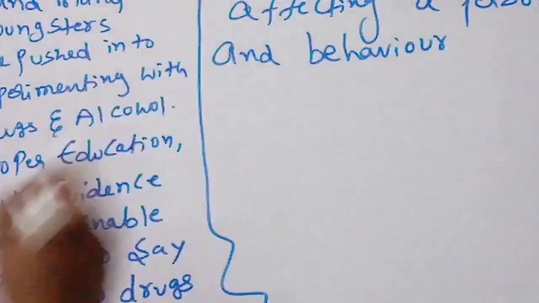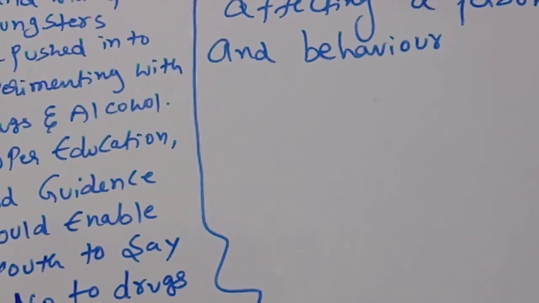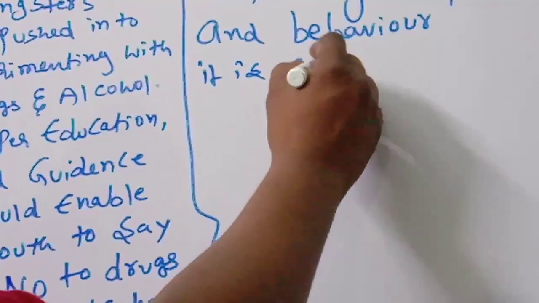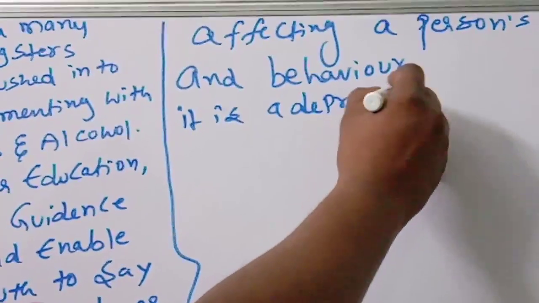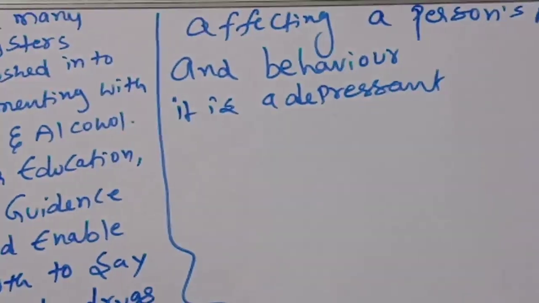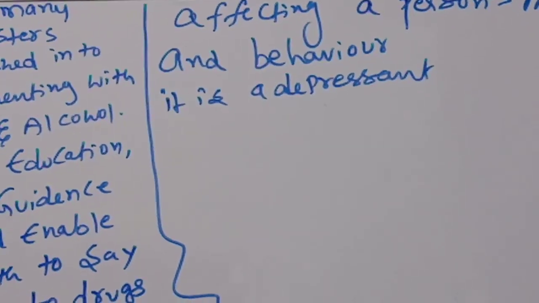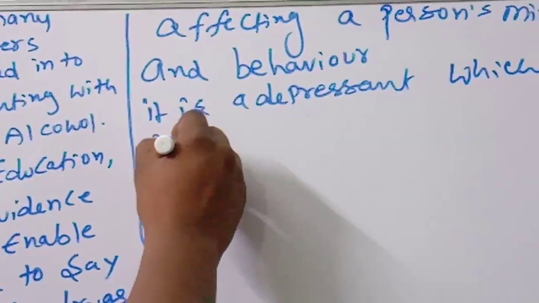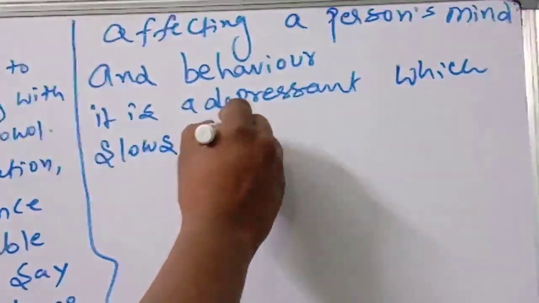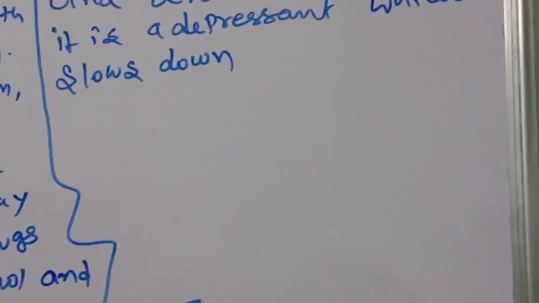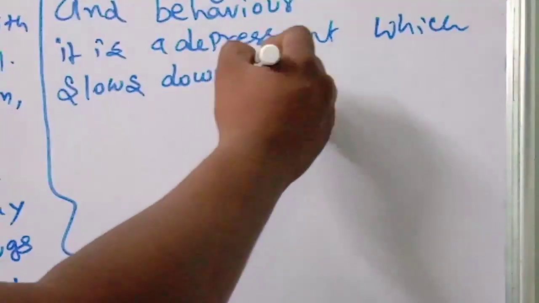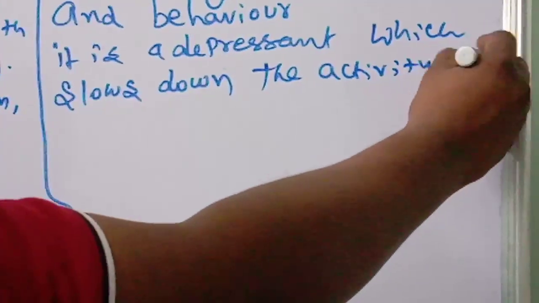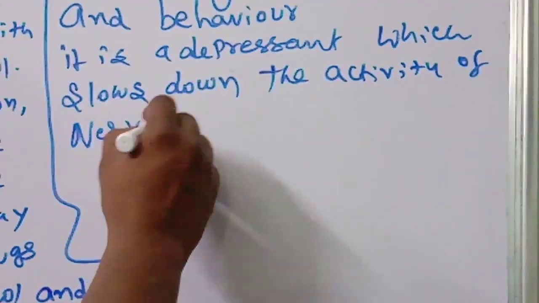Okay, children, this is important. It is a depressant which slows down the activity of the nervous system.